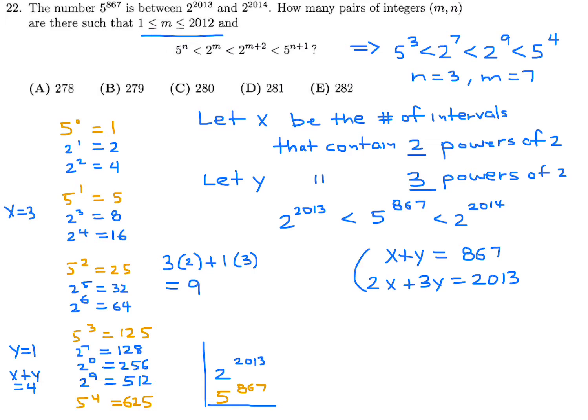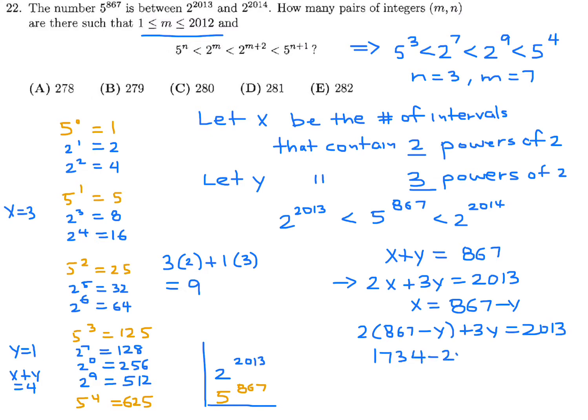So now at this point, the question is pretty much almost solved. You just have to solve this basic system of equations. When you do, you get x is equal to 867 minus y. Substitute that into there, and you get 2 times (867 minus y) plus 3y is 2013. So that's 1734 minus 2y plus 3y is equal to 2013.